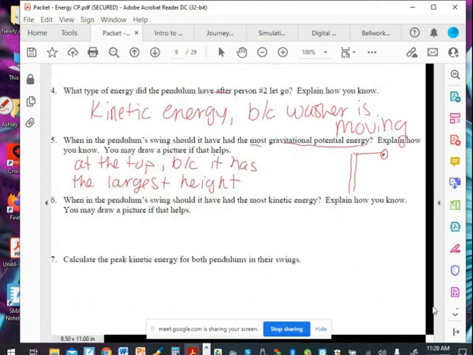Okay, last one here that we'll do today. When in the pendulum swing should it have the most kinetic energy? This would be at the bottom of the swing. So when you draw your picture, that's when the washer will have the most kinetic energy.